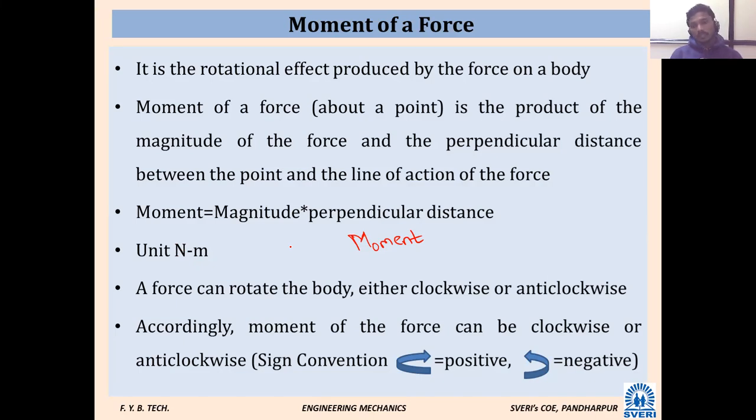So the way we have seen sign convention for force, the force which is upward and towards the right-hand side we consider positive. Likewise, if a force, once applied on the body, has a rotational effect in clockwise direction, then we consider it a positive moment.